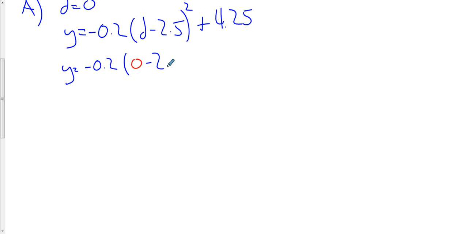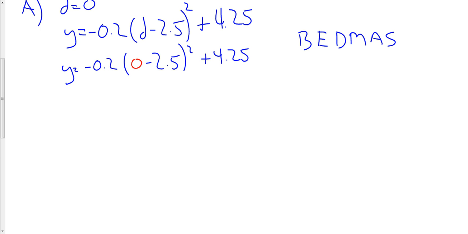So 0 minus 2.5 all squared plus 4.25. Now this just becomes a matter of following our rules of BEDMAS. So when we follow our rules of BEDMAS, again, we've got brackets, exponents, division, multiplication, addition, or subtraction.